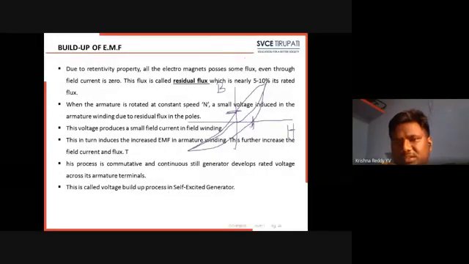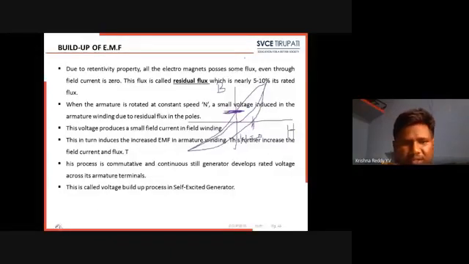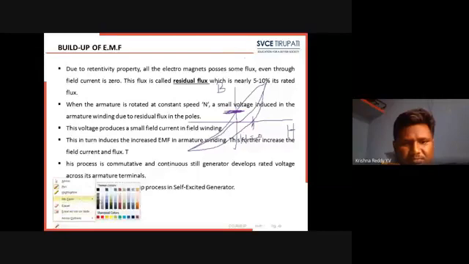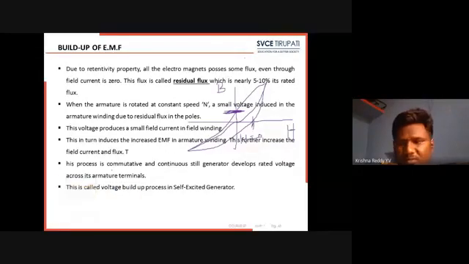Here, if you look at this point, the field intensity is zero, but the magnetic flux density is not equal to zero.